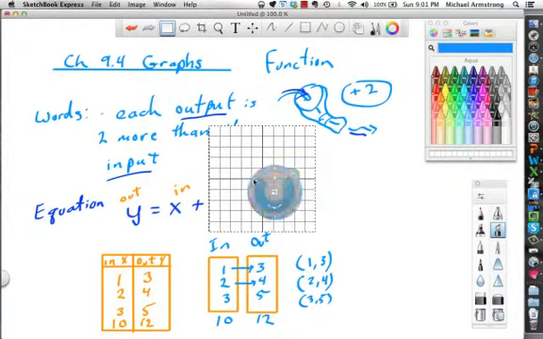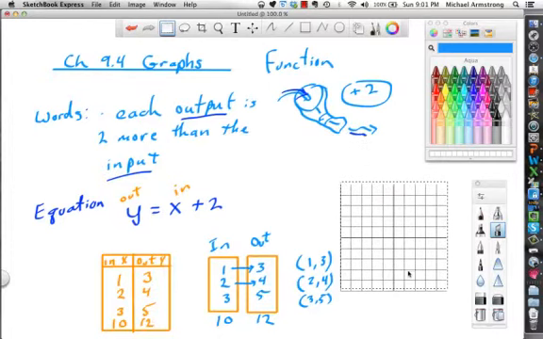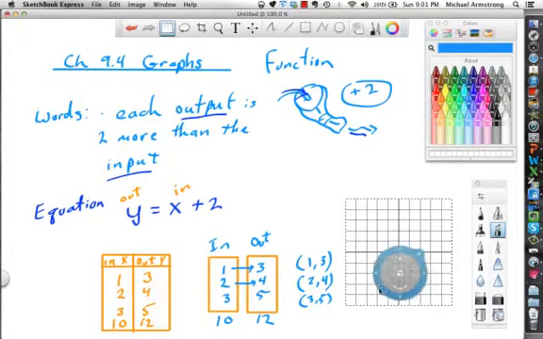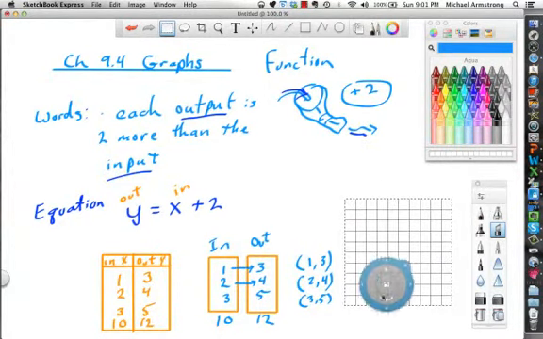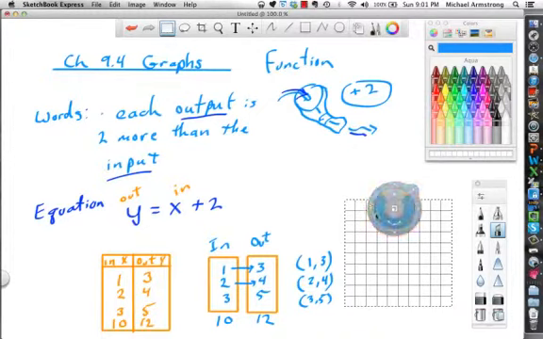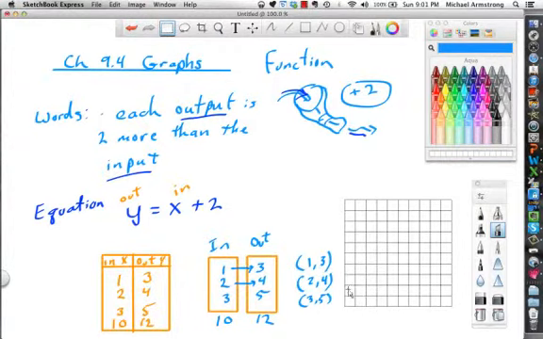See if I can get this graph on here and find a good spot to put it. There we go. So if this is the graph and I want to graph these points, then this is 0. 0, 0, 1, 2, 3, 4, 5, 6, 7, 8, 9, 10.